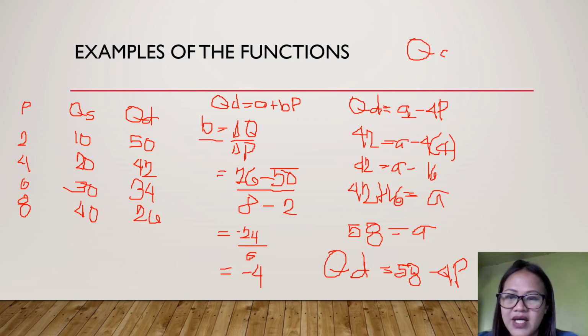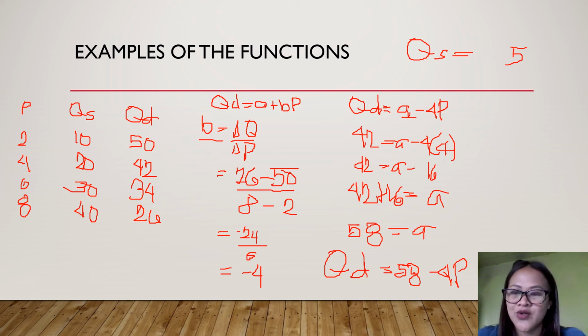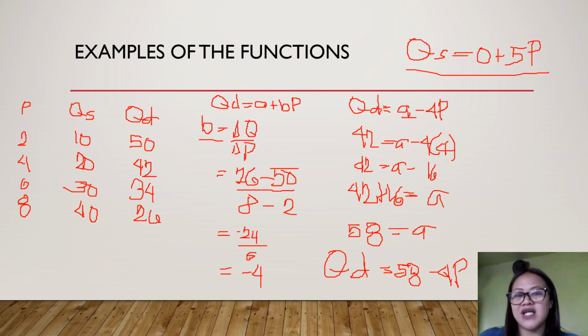The quantity supplied, by looking at your table, I suppose the slope is 5, and your autonomous value is 0. If you solve, you must arrive at this value. Pag hindi kayo naka-arrive dyan, ibig sabihin hindi ninyo pa nakuha kung paano isolve yun. So just follow the steps and always write your base formula.